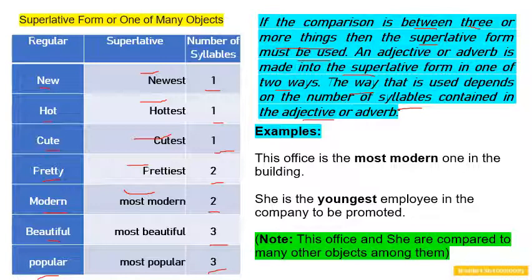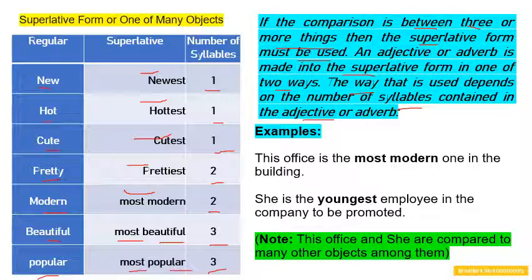Not all with two syllables, not "moderner". Like clever, another example can be "the most clever" or "the cleverest", but most of the adjectives with three syllables will be with the most, like the most beautiful, the most popular.